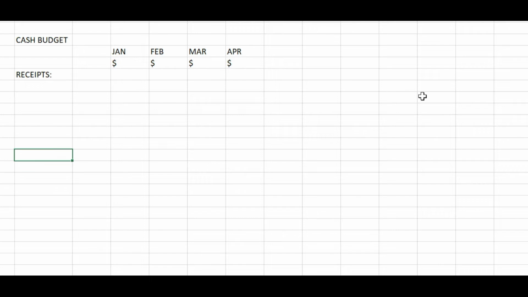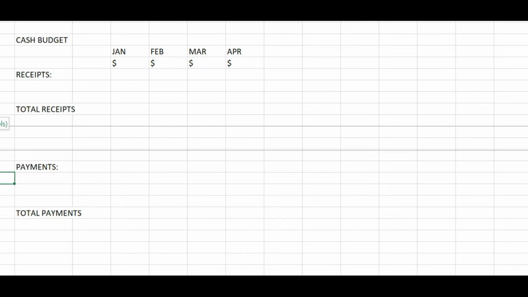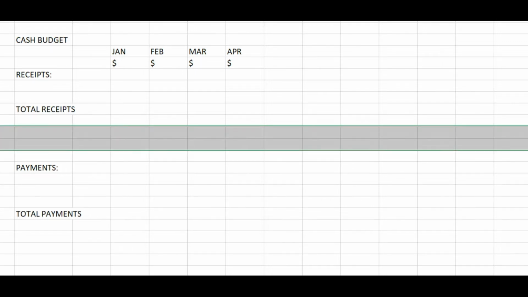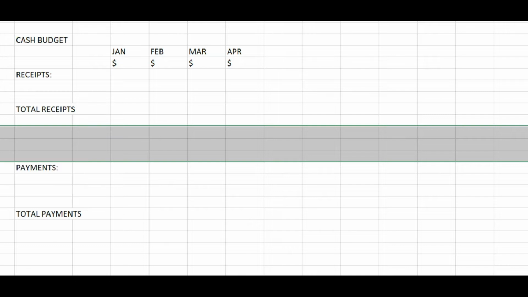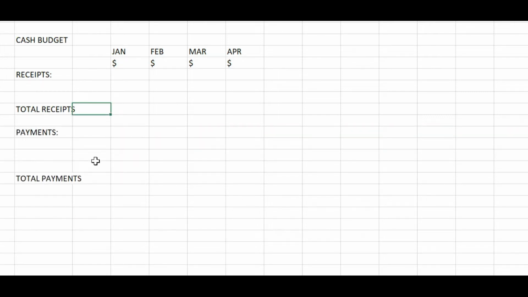Then we'll have the payments. But before that, we'll have the total receipts, and we'll have the total payments. No need to leave a lot of space here, depending on the question.